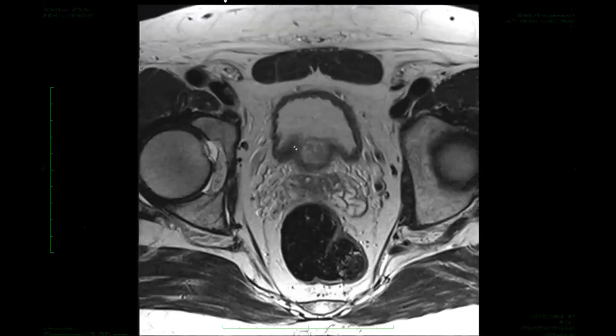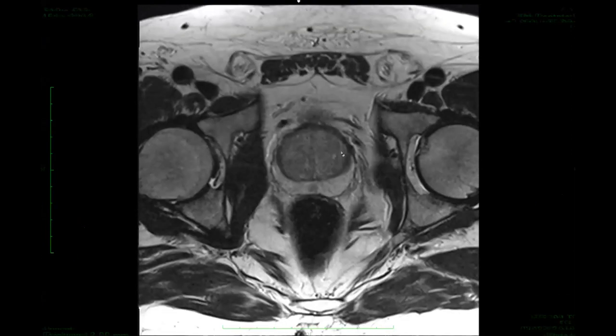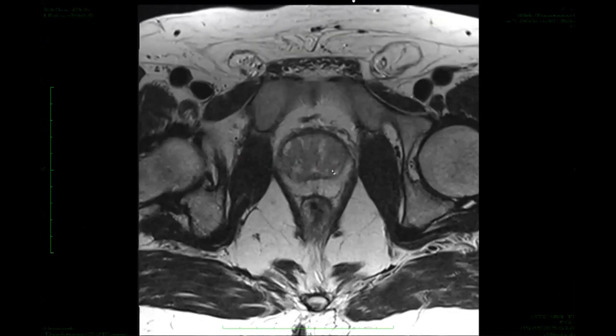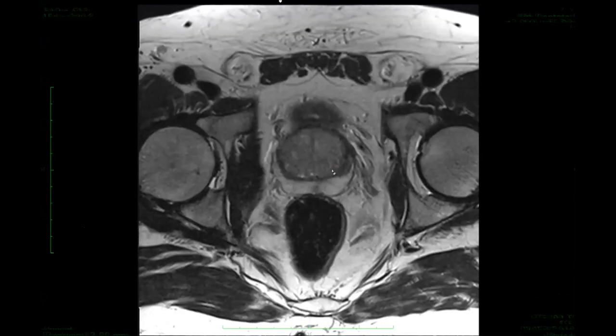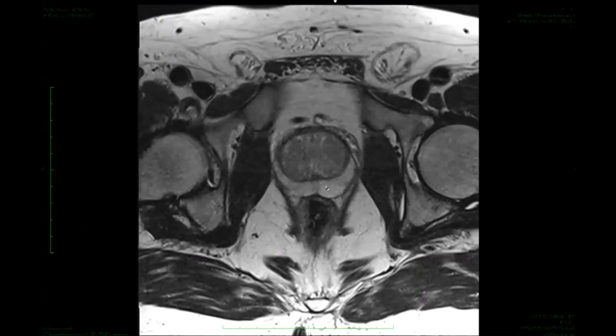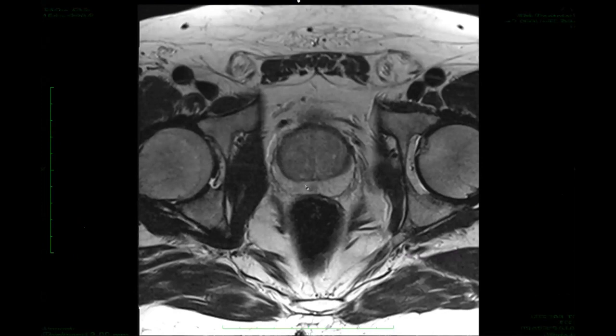So what we can see basically is that there are no focal lesions in the TZ, so there are no areas of concern. While in the PZ, you can clearly see the hyperintensity of the PZ. The only thing that we might see is something here in the midline.